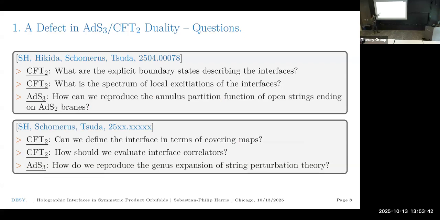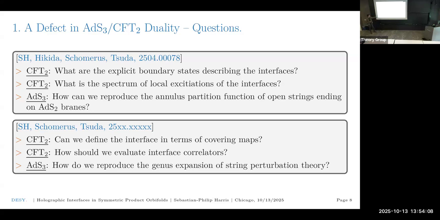And in this current work in progress that I also talk about, we then went on to try and extend this also to scattering amplitudes and correlation functions in the presence of these interfaces, with the goal of reproducing the form of the genus expansion that we find in string perturbation theory.